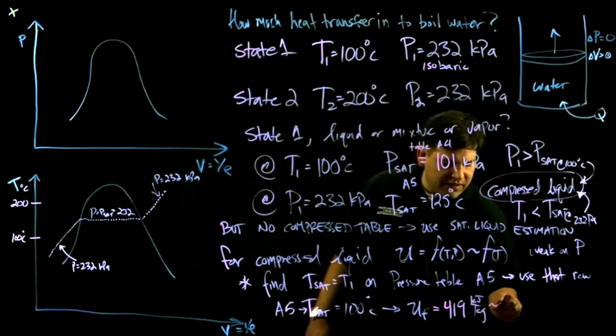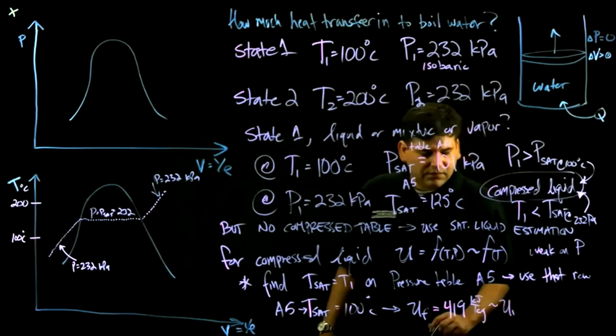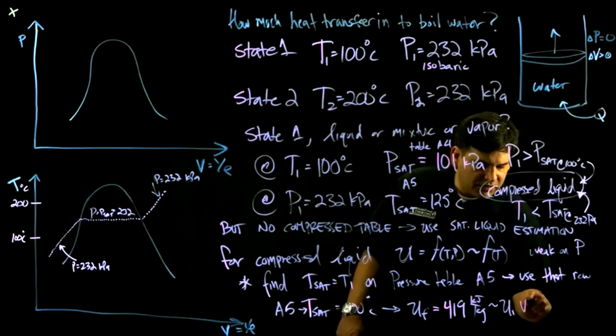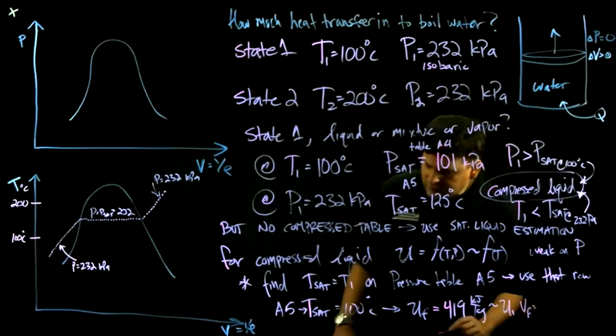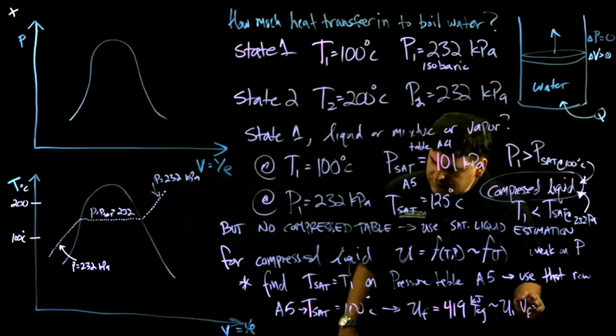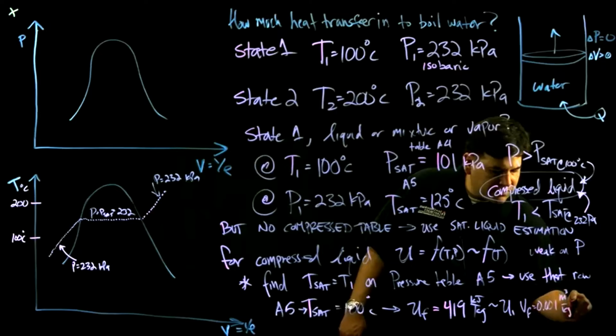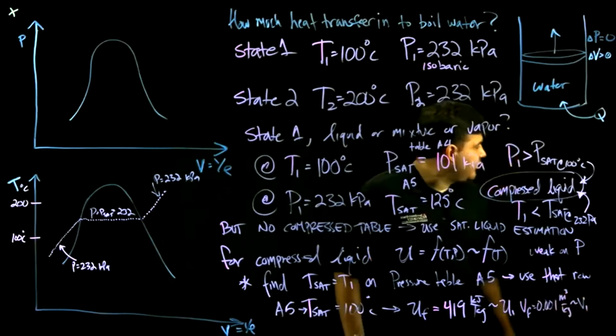Let's just say that is, by this physics, U1. And similarly, VF on that column is 0.001 meters cubed per kilogram, and that's basically V1.